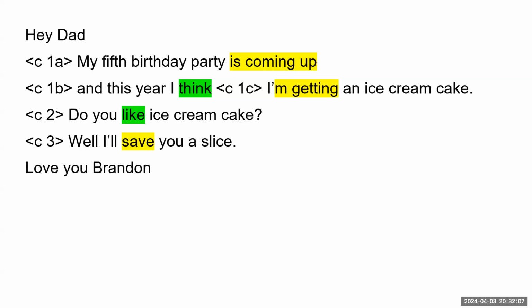I think you can guess what I highlighted in yellow: material, doing process. Green is mental. Think. I'm getting an ice cream I like. Do you like? Like is mental.